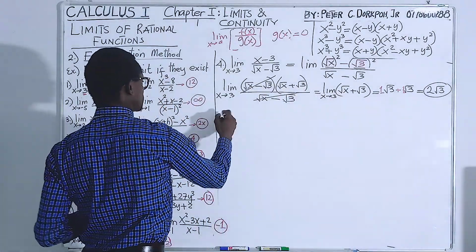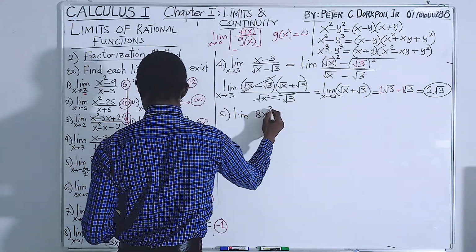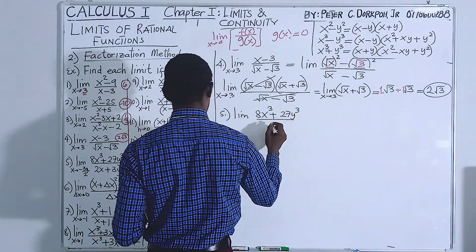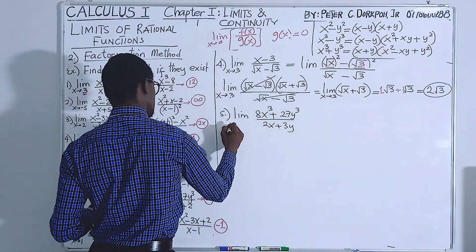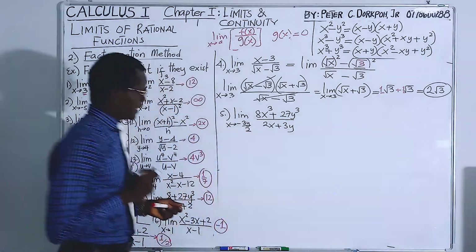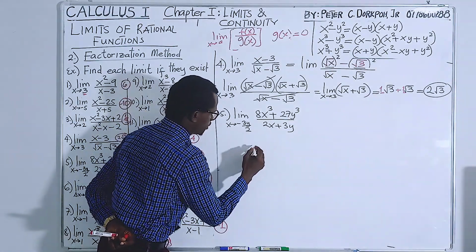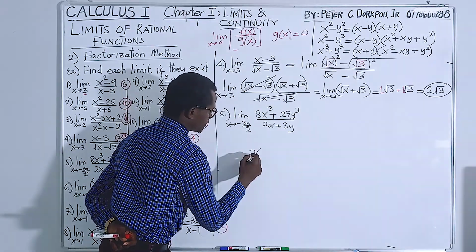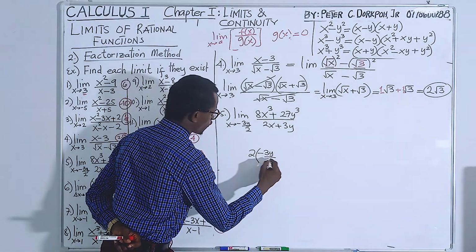So the next one says, question 5, the limit of 8x cubed plus 27y cubed divided by 2x plus 3y as x is approaching negative 3y over 2. Now, you look here, if you directly replace this x with minus 3y over 2, let's try it. You replace this x with minus 3y all over 2.